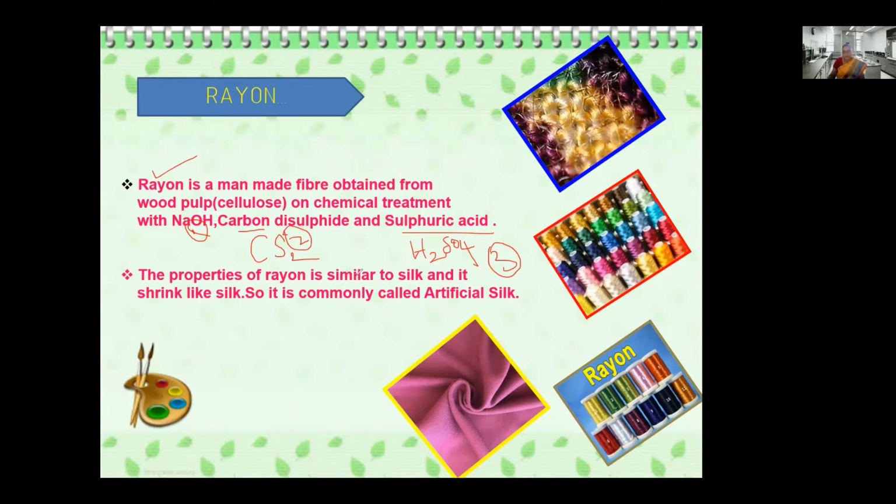The properties of rayon are similar to silk, so it is also called artificial silk. If you look at the picture of rayon, you can observe that it is very shiny. Natural silk materials are also shiny. So it is similar to silk.